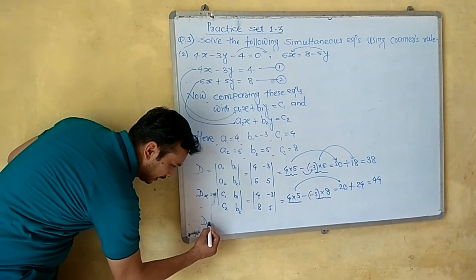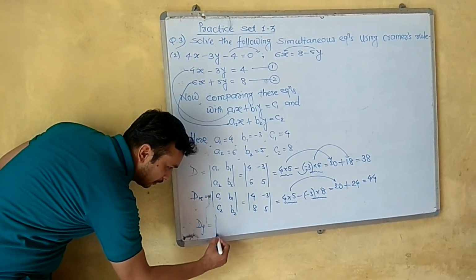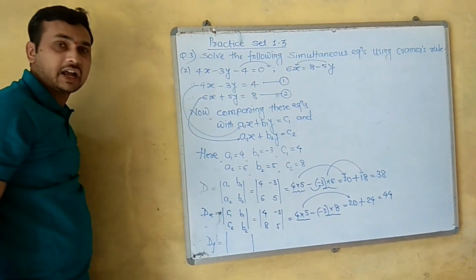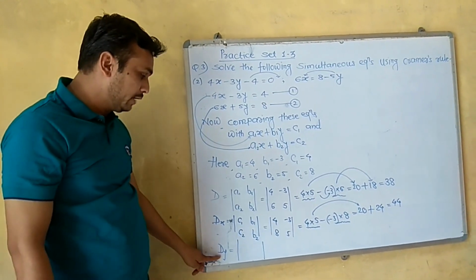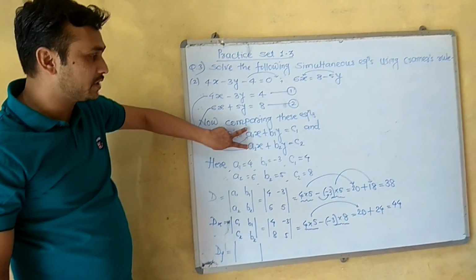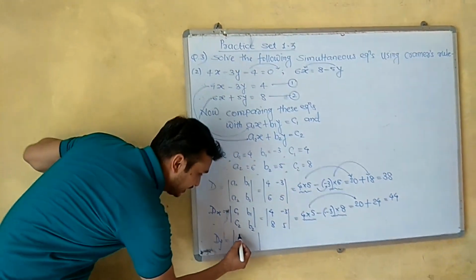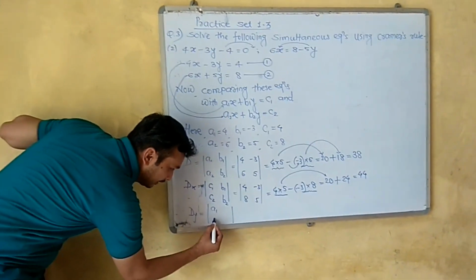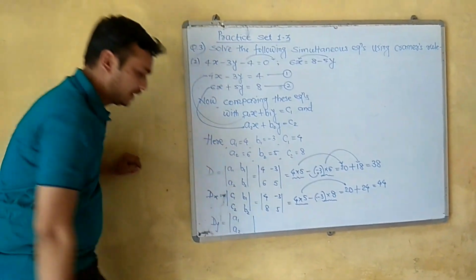Similarly, Dy is the determinant where the first column is the coefficient of variable x, so as it is, a1, a2.